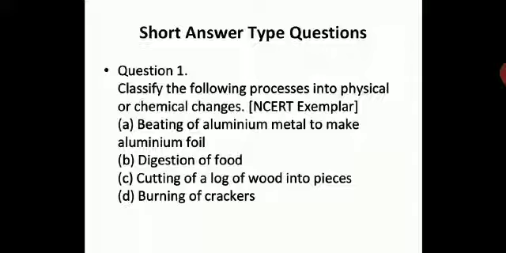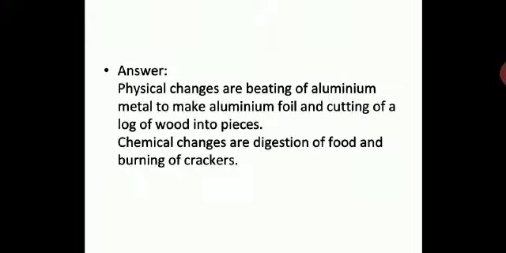That means some chemical change happens. It will give light, heat and so many gases. So burning of crackers again is a chemical change. So the answer is given in this format. Physical changes are beating of aluminium metal to make aluminium foil and cutting of log of wood into pieces. Chemical changes are digestion of food and burning of crackers.